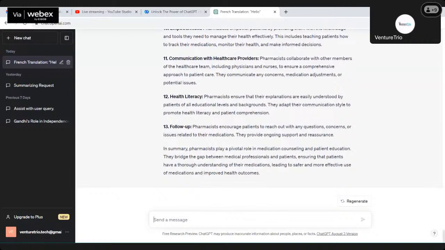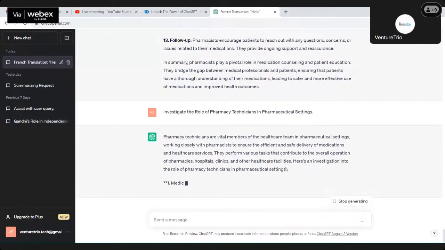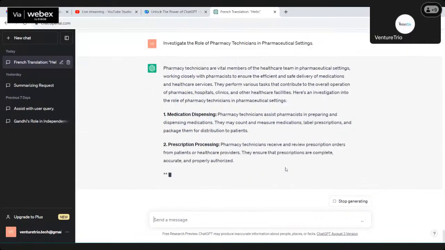So you can find this type of content in a single click. For that, you have to provide just a proper systematic prompt only. Like, investigate the role of pharmacy technicians in pharmaceutical settings.